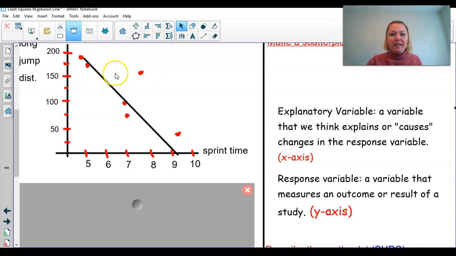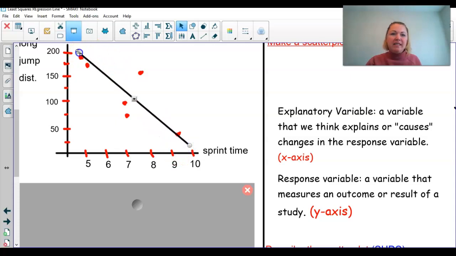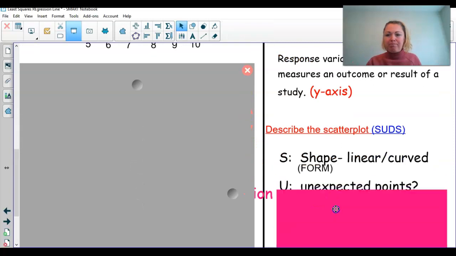Because of this point, I might want to move it up just a little bit and adjust it a bit. But again, this is looking linear and not curved. Now, the AP world is not going to try to trick you, so it will be one or the other. Shape.